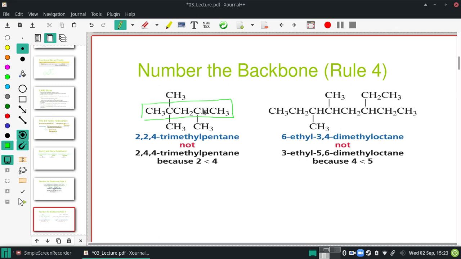So either side, I could number either way, I could start with this being number 1, or I could start with this being number 1, and I get to the first substituent at the second position. Since there's a tie, we're going to look at the next substituent. And since I have 2 on this location, I have that substituent and that substituent, this is a better location. So that one's at 3. Oh, actually, that's 3. This is 4.